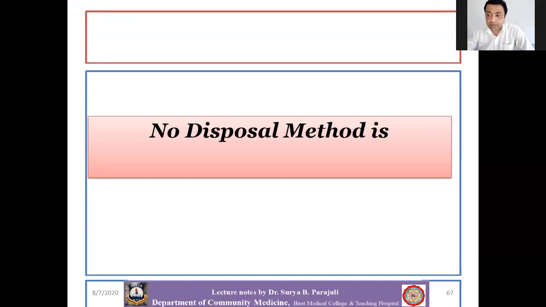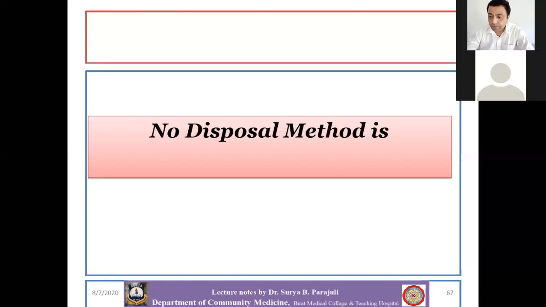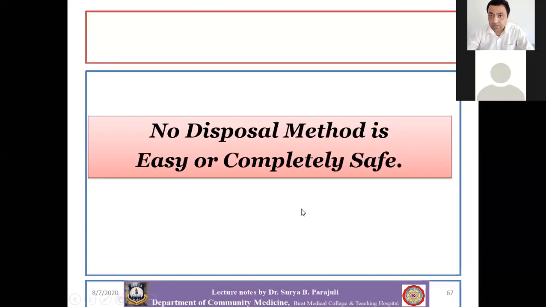Till now we have covered different types of healthcare waste management processes, from incineration to microwave irradiation to inertization. But the most important point is that no disposal method is easy or completely safe.